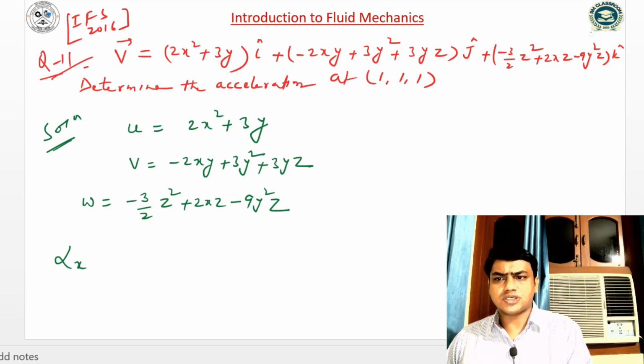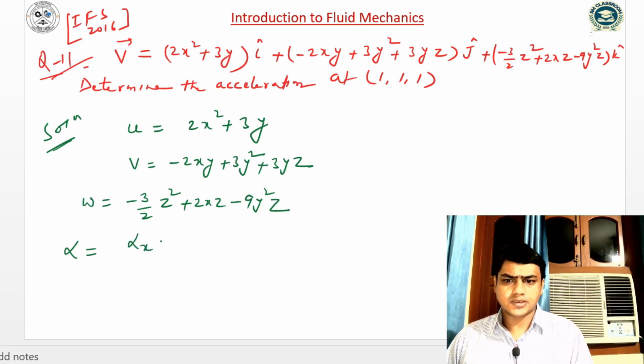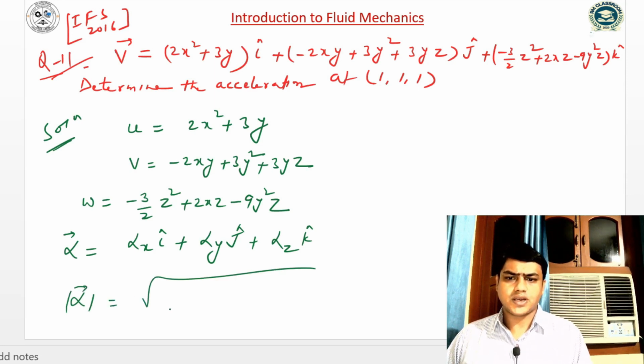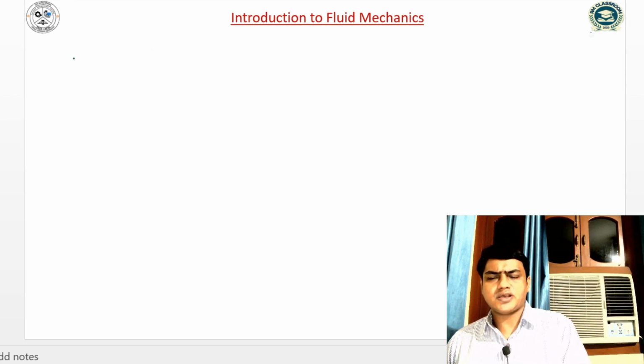So the total acceleration can be written as alpha x i plus alpha y j plus alpha z k, and the magnitude will be square root of alpha x square plus alpha y square plus alpha z square. So what is alpha x?